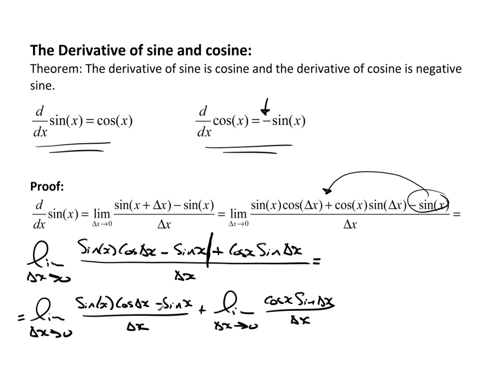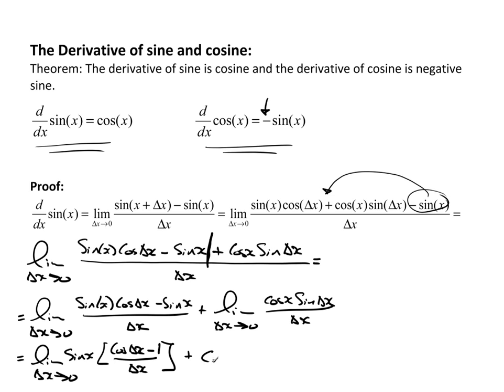So now here I'm going to factor out the sine of x. So I'm going to have the limit as delta x goes to 0 of sine of x times the quantity cosine delta x minus 1 over delta x, plus, now this limit is in reference to delta x, so cosine x is like a constant.